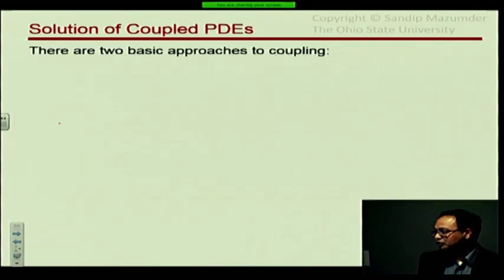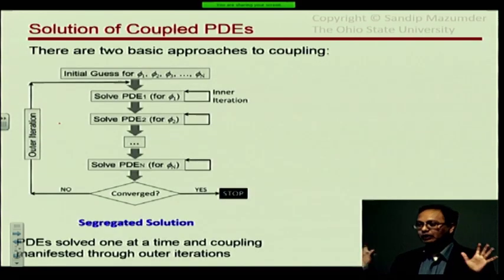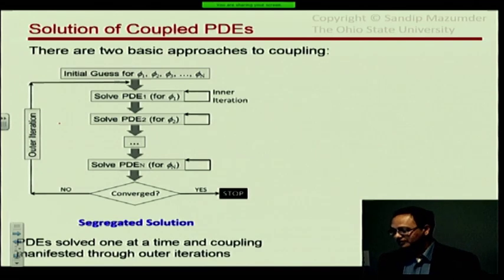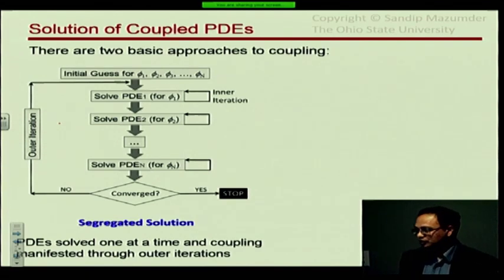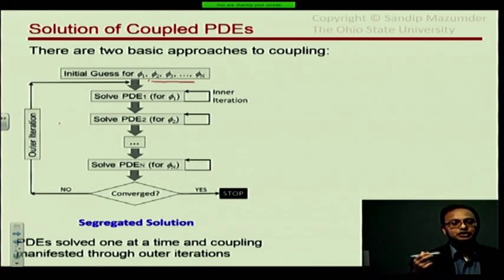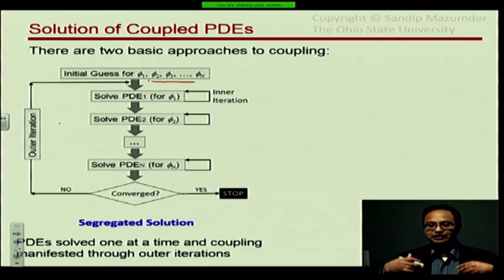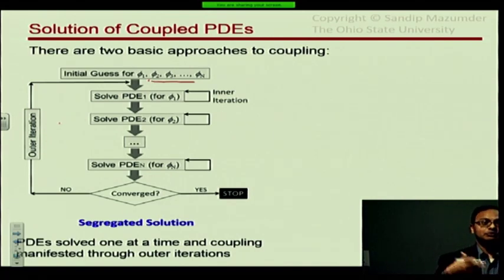There are 2 very basic approaches to coupling, and this is a broad outline of those 2. One is called the segregated solution approach. Suppose I have a bunch of unknowns, phi1, phi2, phi3. Now, don't think of 1, 2, 3 as nodes. Think of them as unknown number 1, which is a vector itself, like velocity component U, velocity component V, and so on.